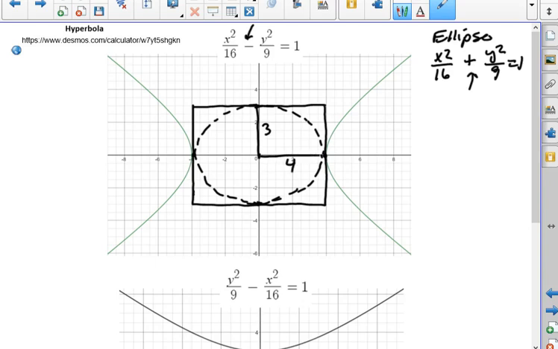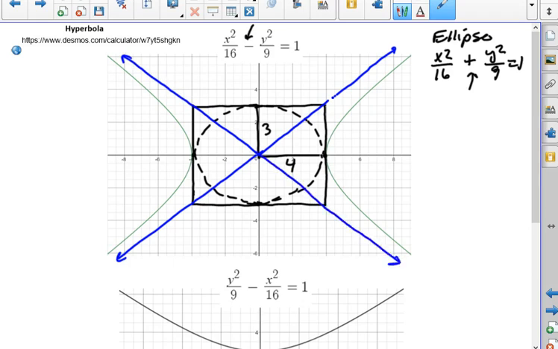So if I make a rectangle that stretches out 4 in the x direction and 3 in the y direction, this is actually the box that is going to form the framework for drawing this hyperbola. Because if I draw in the diagonals of this box, it turns out that the diagonals of the box that encloses this ellipse are the asymptotes of the hyperbola.